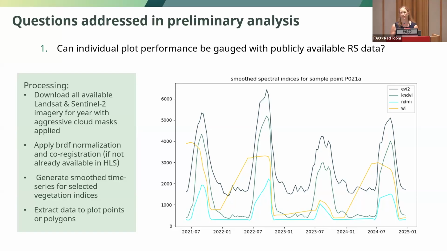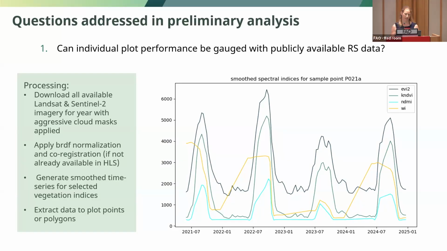This is Sentinel-2. We could add in Sentinel-1 SAR imagery, but we found that there's pretty good performance with just optical. And then normalizing that, harmonizing it, and basically turning it into smooth time series signatures. So these are 4 different indices. They all show similar information with different levels of detail.